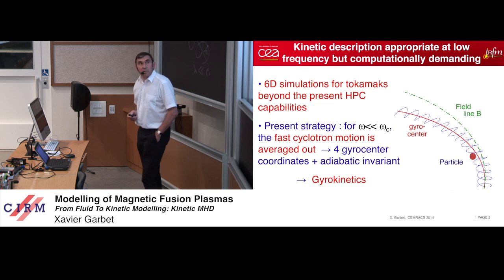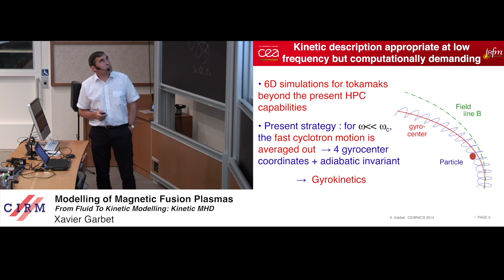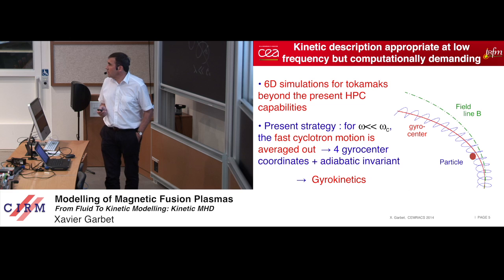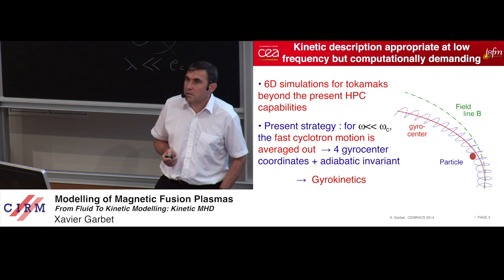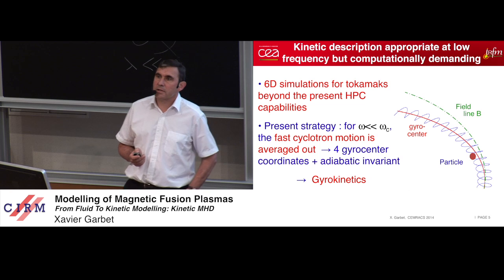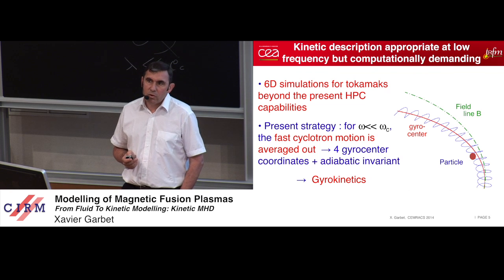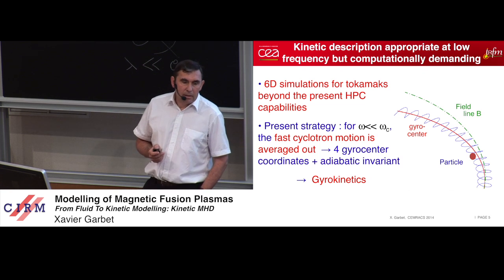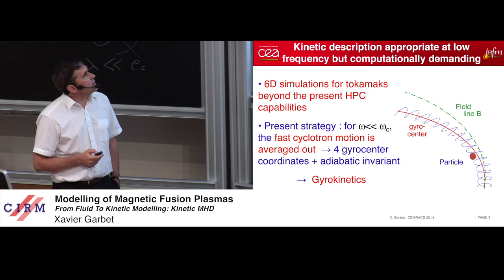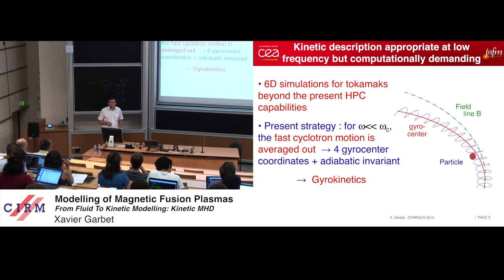What about the kinetic description? Well, that was mentioned several times. In tokamaks, it turns out that the field is quite high, so the cyclotron frequency is very large compared to the typical frequencies for both MHD modes, or most of them, and turbulent micro-instabilities. So, in other words, omega C, which is the cyclotron frequency, is much larger than all the omegas.